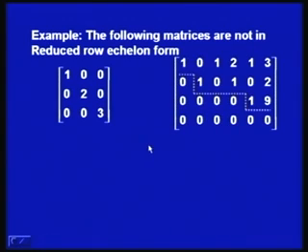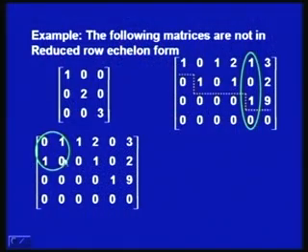In this case, this is all 0, the staircase pattern is still there, but if you look at this particular column, this has a leading one, but all other entries in the column should be 0. That is the fourth property, but this property is not satisfied. That is why it is not in reduced row echelon form. This is non-zero, this is 1. So, this is not in reduced row echelon form.